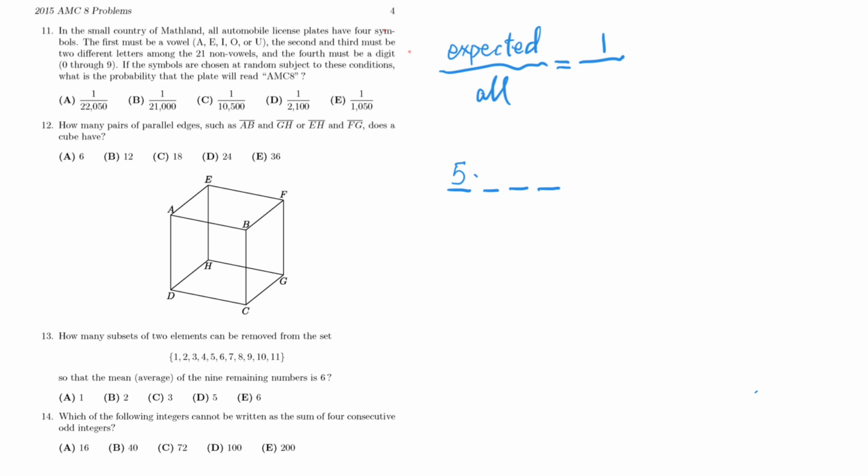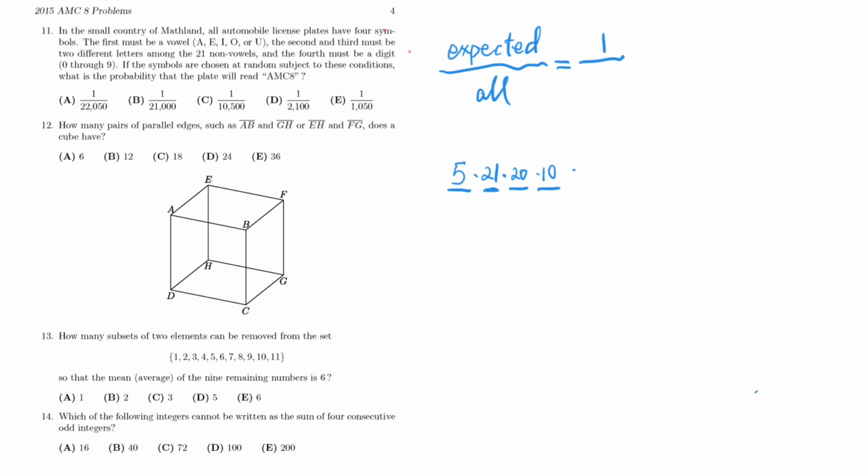The second and the third are two different letters among the 21 non-vowels. So for the second, we have 21 letters to choose from, and the third one only 20 because they are different letters. The last place we can choose from the 10 digits, 0 through 9. That's 10 choices.